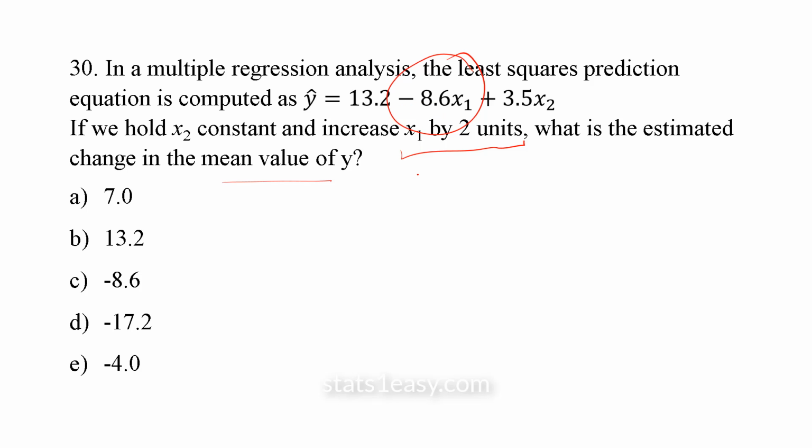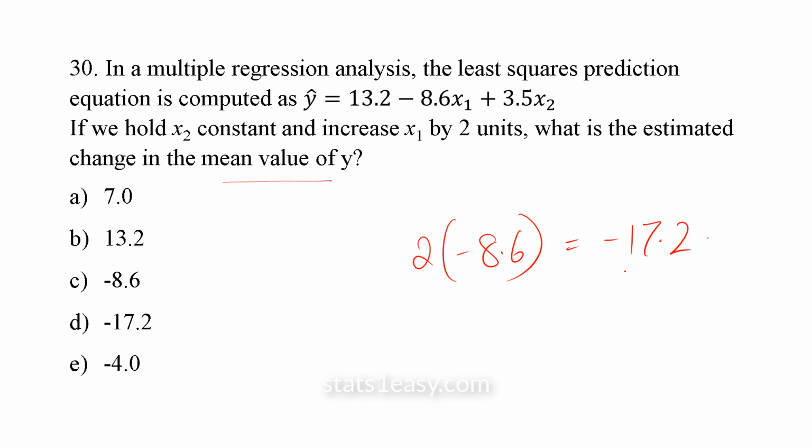Now if we double that, we will be increasing x1 by 2 units, and y will be reduced by 2 times 8.6. So 2 times negative 8.6 here gives us negative 17.2, which is double the effect of increasing x1 by 1 unit. So the answer to this one here is D.